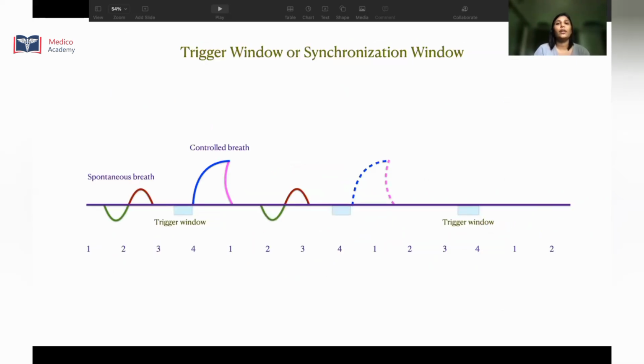So what is a trigger window? A trigger window is also known as a synchronization window. In this graph, I have marked the trigger window as sky blue rectangular boxes. As you can see, these trigger windows are placed just prior to the delivery of controlled breaths, right? So the trigger window is usually some 0.3 to 0.5 seconds prior to a controlled breath.